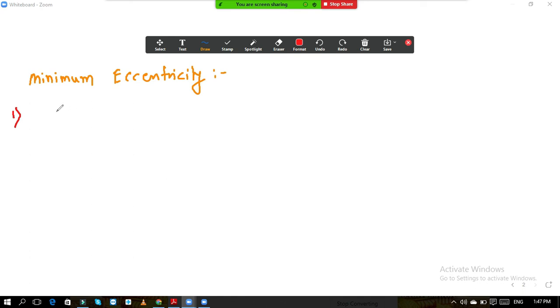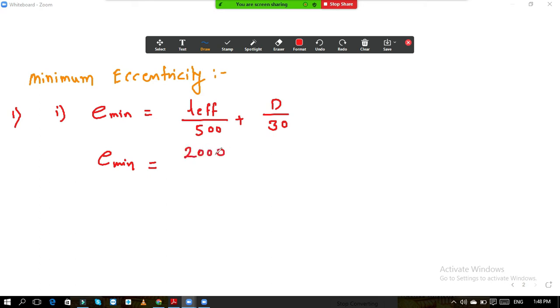So first, e minimum is equal to L effective by 500 plus D by 30. So e minimum is equal to L effective, 2000, divided by 500 plus, considering D as 500 first, by 30, which is equal to 20.67 mm.